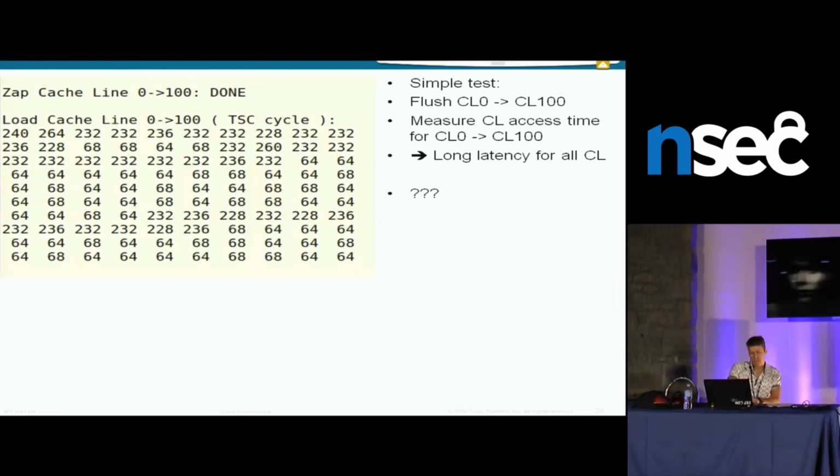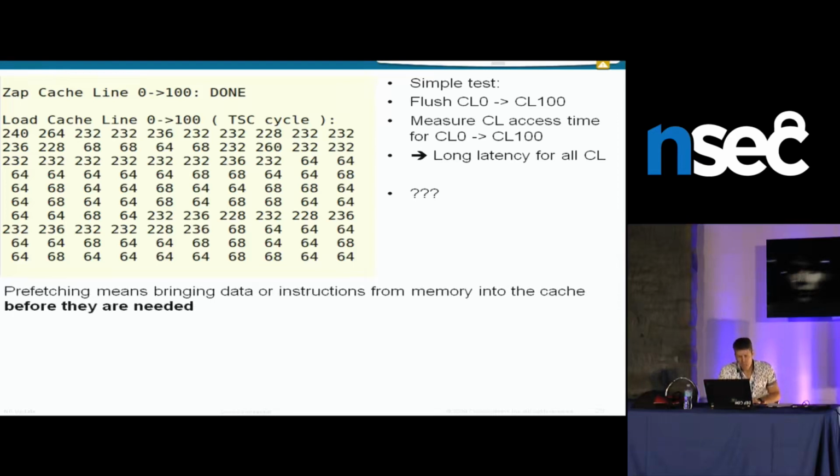Some of those cache lines show long latency, 240, 200 plus is long latency, but lots of the other cache lines in the picture are already loaded. So there was something else going on in the background here. This is really at that time that I learned about prefetching. Prefetching means really bringing data or instructions from memory into the cache before they are needed.